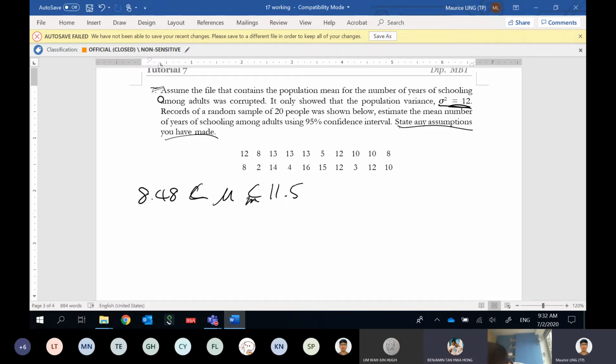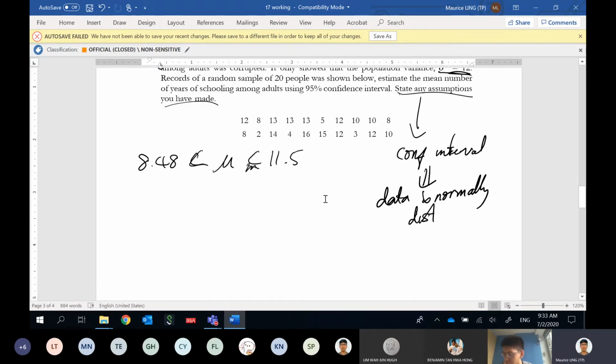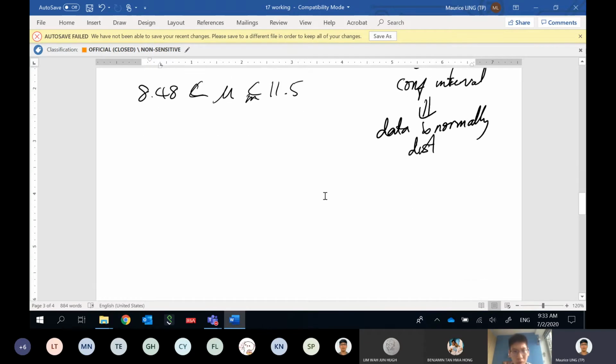That one I'm not too sure. Is it that the distribution of the sample mean is normally distributed? Correct. So for a confidence interval, you have to assume that the data is normally distributed. If the data is not normally distributed, you cannot construct a confidence interval the way we do it.